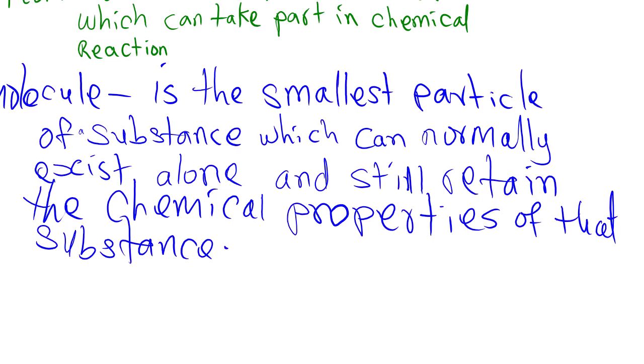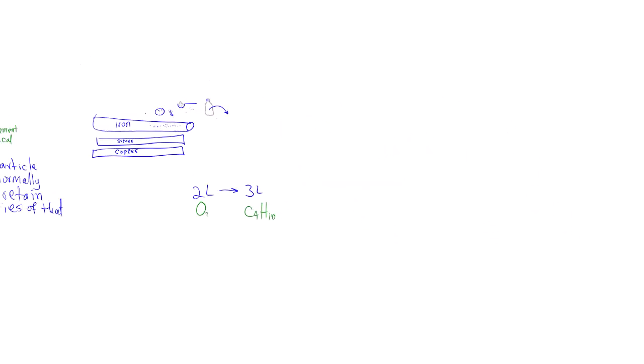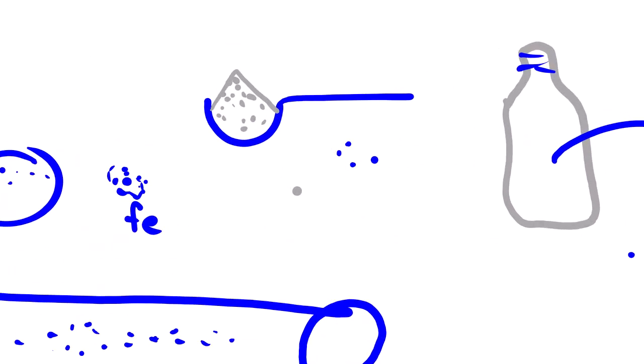What I want you to understand here is that the definition and the concept is almost like that for the atom. If you have this particle of salt, this particle will represent salt. If you want to know what salt is, then use this particle.